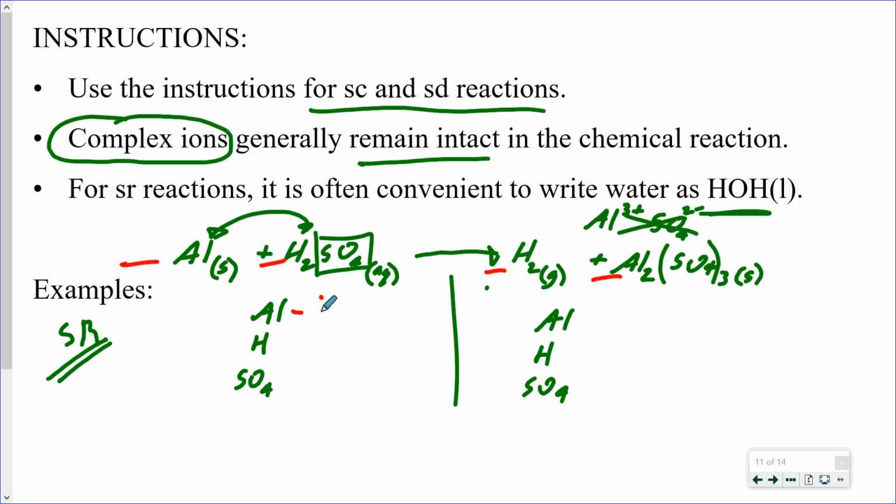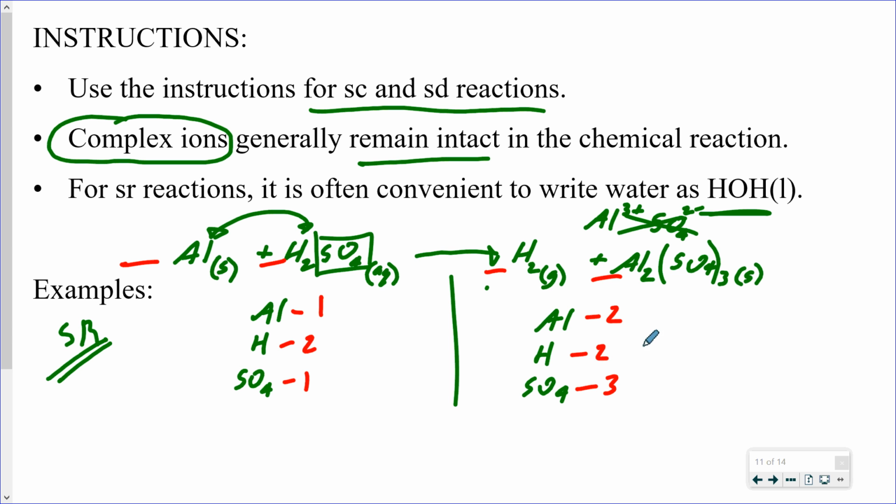On the left-hand side, we have 1 aluminum. We have 2 hydrogen, and we only have 1 sulfate. Right-hand side, we have 2 aluminum. We have 2 hydrogen, and we have 3 SO4s. So a little bit of work to do here.